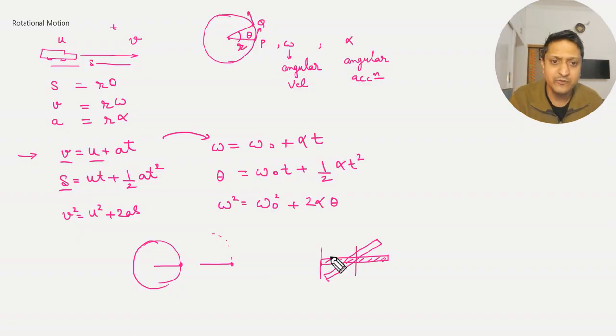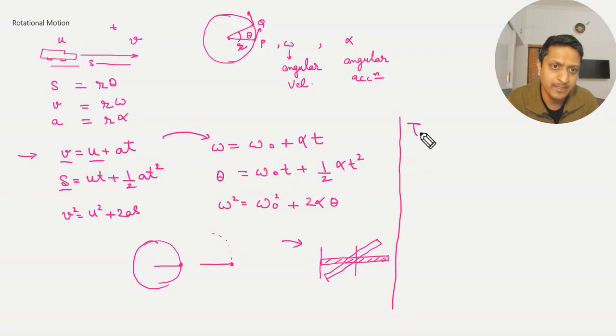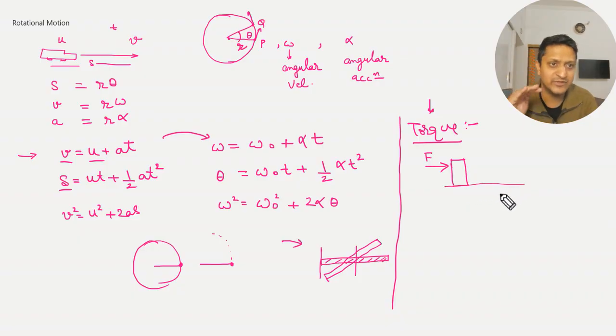Before we go to this concept, first of all we would be discussing torque. Torque is very important in circular motion and rotational motion. We know that if there is some object here and we put some force here, this object will move like this and reach here, and there is no friction, there is nothing else.